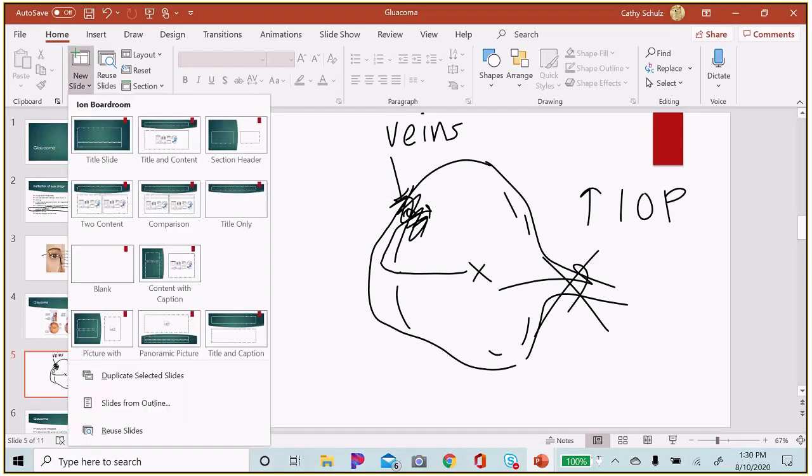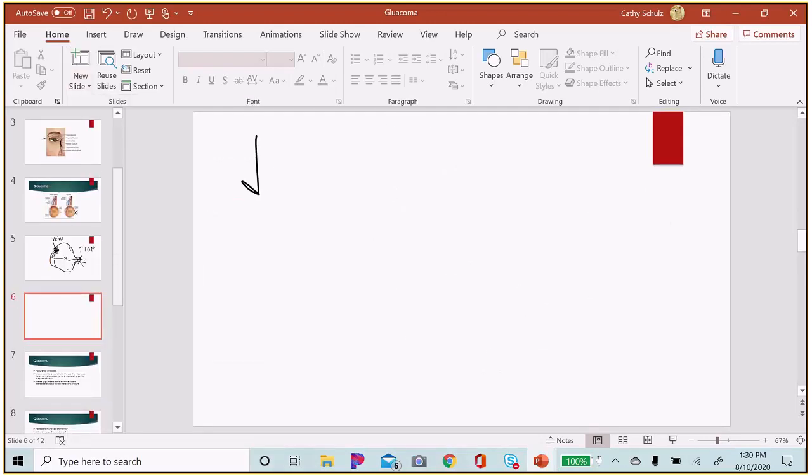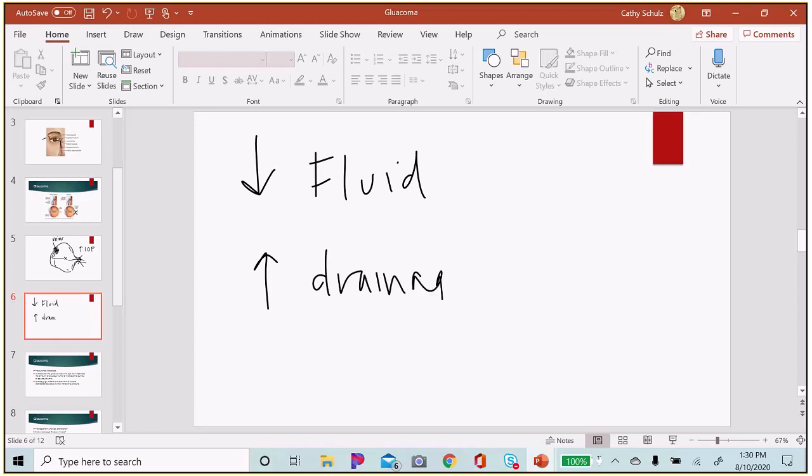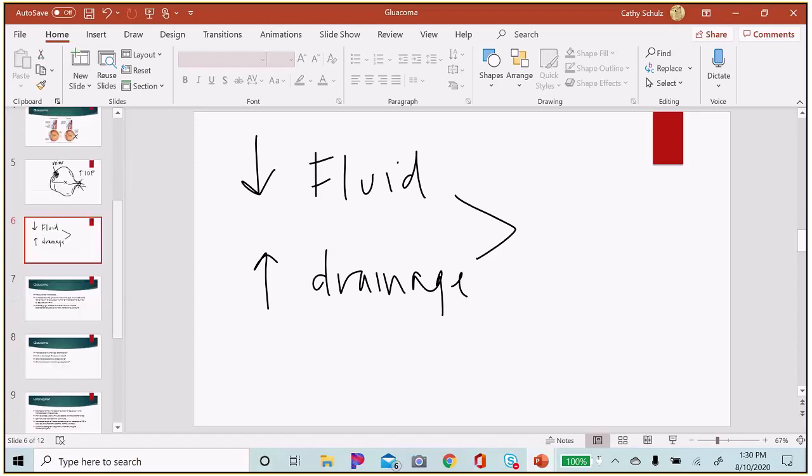And so the way to treat it is either decrease the amount of fluid that's being made, or increase the drainage to take away the fluid, or a combination of both. And the first two medications are usually combined because they do work together, decreasing the fluid and increasing the drainage to help decrease the pressure and thus prevent blindness.